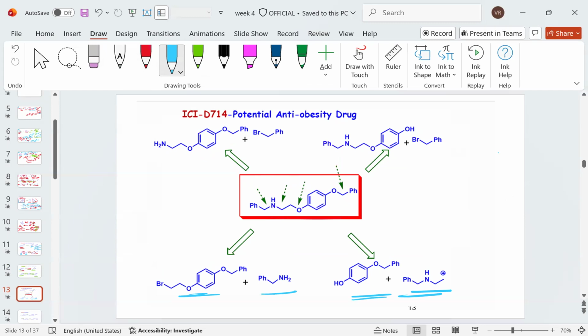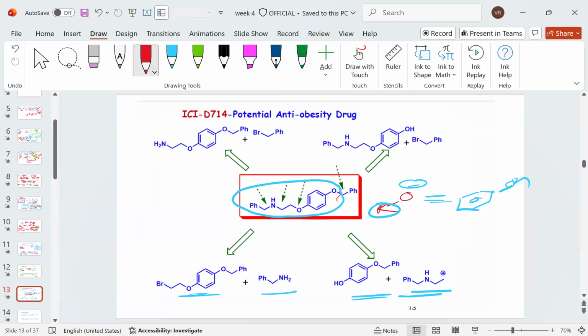Let us say, on the first disconnection, this entire part is O negative, and it can be achieved from this alcohol, which has the synthetic equivalent, obviously, this phenol OH, right?